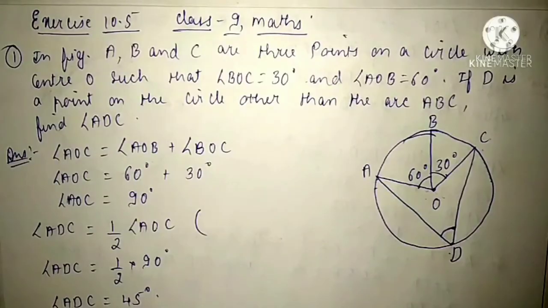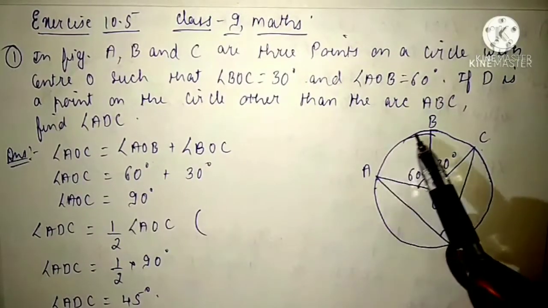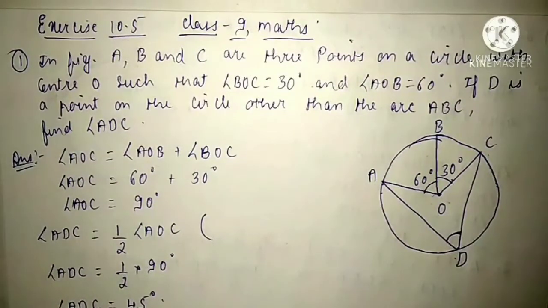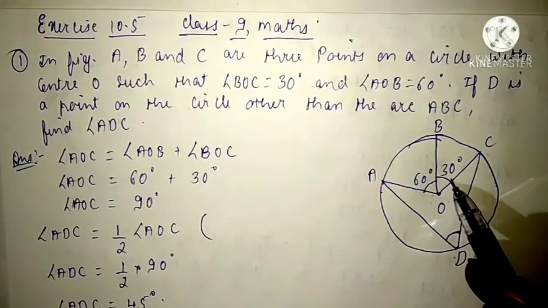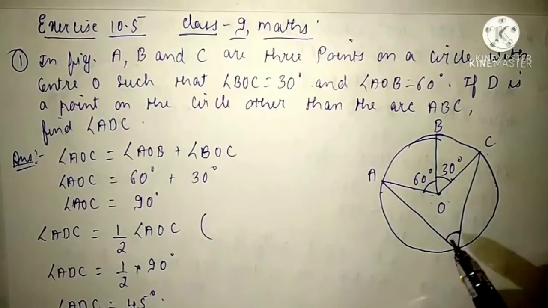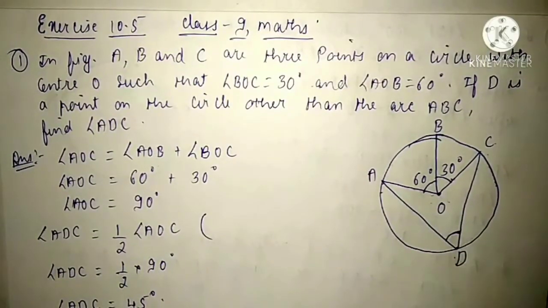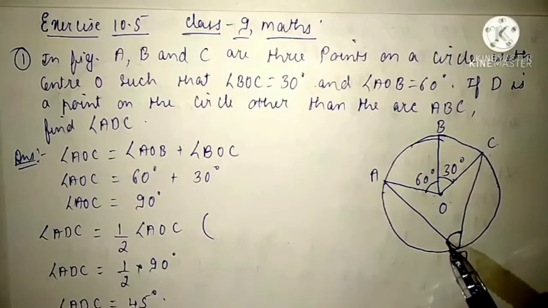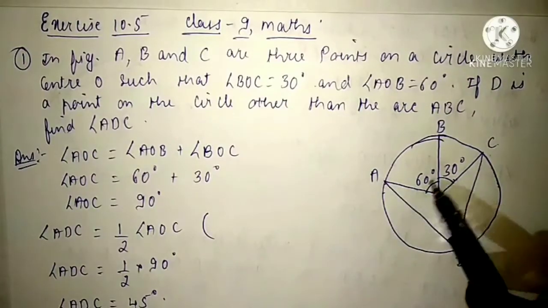Now, just now I have told you a theorem. See, this is the arc AC and this is a minor arc. This is the angle formed at the center and this is the angle formed at any other part. By that theorem, this angle will be half of this center angle.